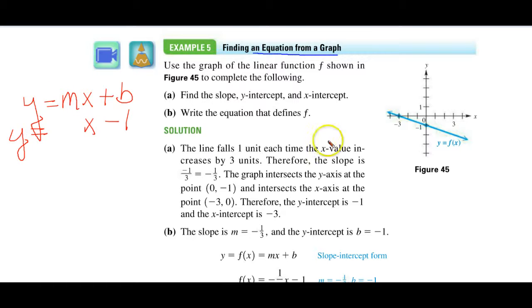And now all we need to do is find the slope. Well, we can make a little right triangle. And how many units are we going over? 1, 2, 3. This is a negative 3. And we're going up 1. So our ratio here is going to be a negative 1/3. And there's our equation that we've picked out from a graph.